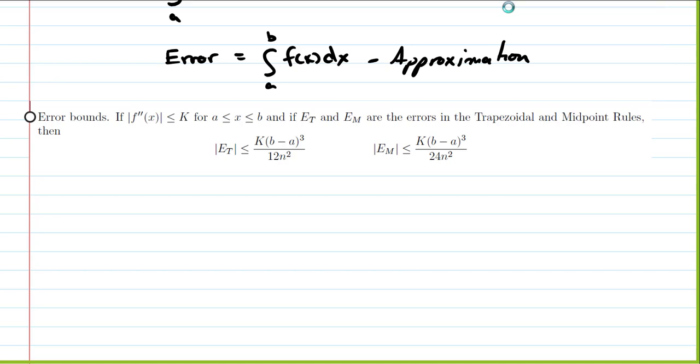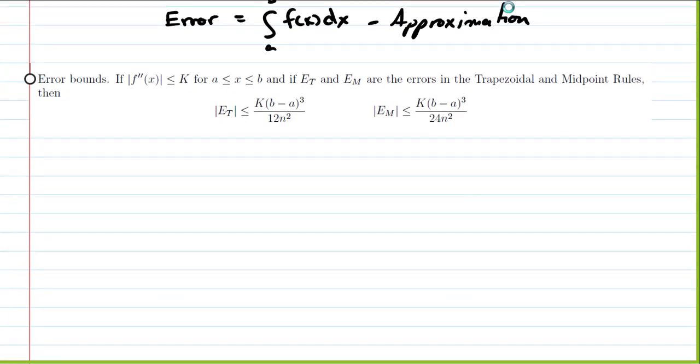But it tells us that if we know the maximum value of the second derivative of the function, we can find a bound on the error. And when we say a bound, we know that the error is going to be less than or equal to this. For all we know, the error could be 0, but we know it's not any bigger than this. So when we don't know the actual value of an integral, the best we can do is bound the error.